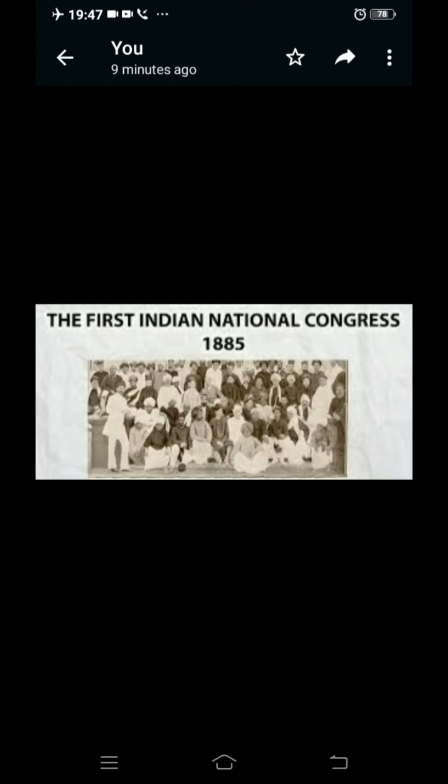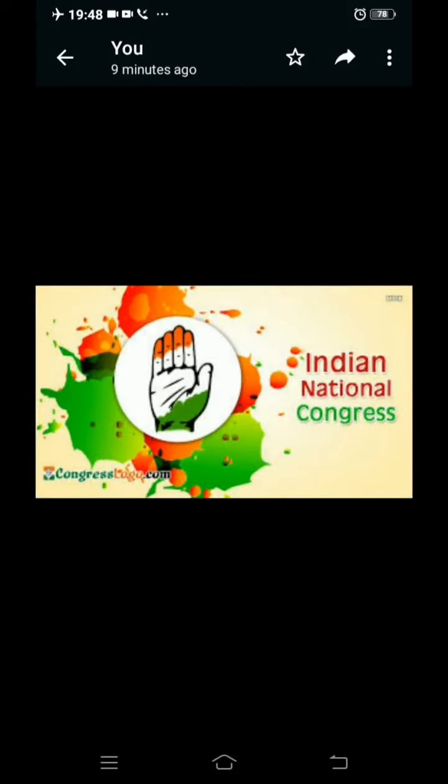A.O. Hume formed the Indian National Congress with an aim to give the educated Indians a platform to engage in a dialogue with the British government. The British, on their part, wanted to pacify the Indian people and avoid any revolt in future. The first session of the Indian National Congress took place in Bombay, now Mumbai.